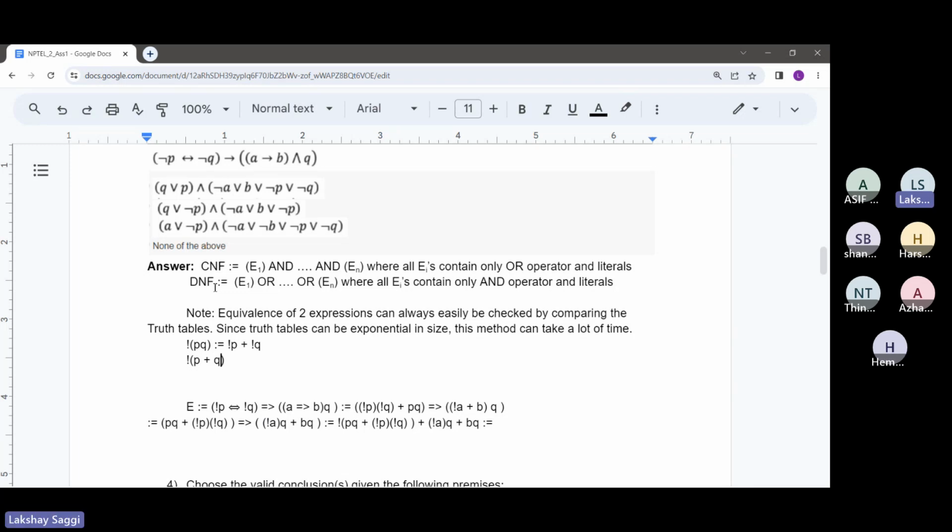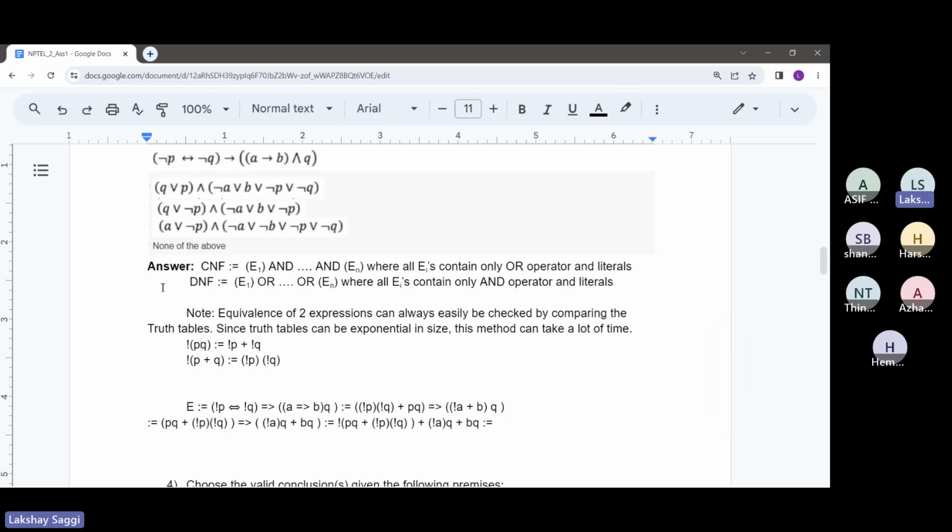And similarly, not of P plus Q can be written as not P times not Q. So De Morgan's law is basically, to take the negation of an expression, just invert the individual Boolean variables by their negations and replace all the ands by ors and all the ors by ands.